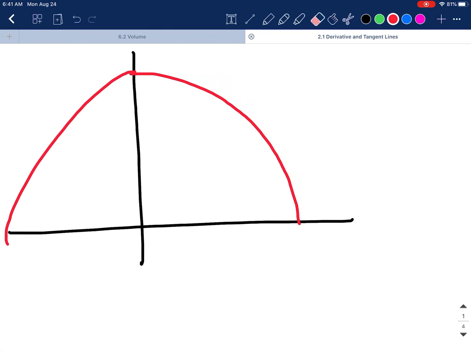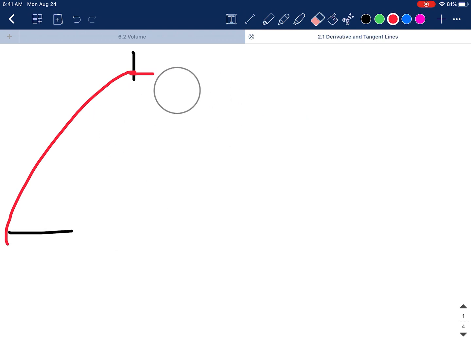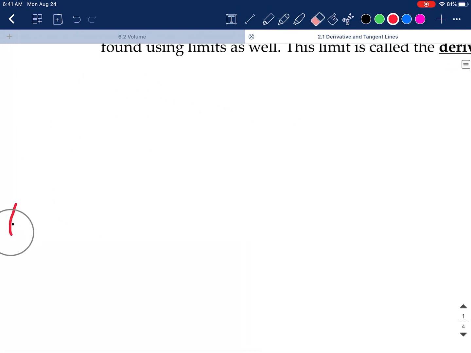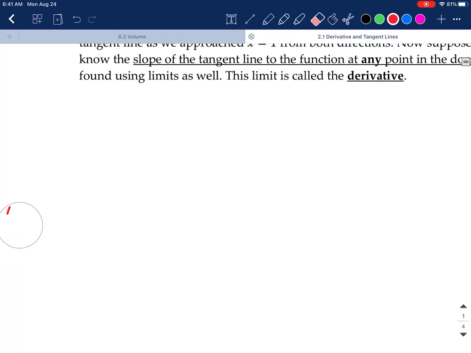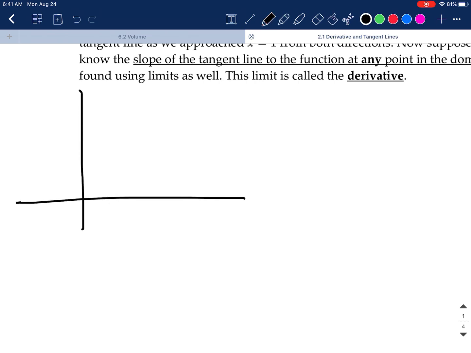But actually, we're going to get rid of that as well, because I don't want to refer to a specific type of function necessarily. We're going to just generalize. So we're going to imagine that we have some nice continuous function that we're going to call f of x. So here's y equals f of x.